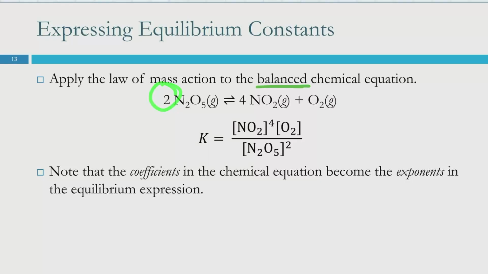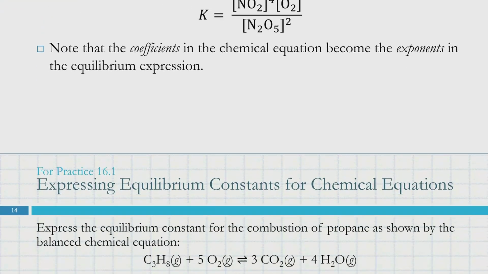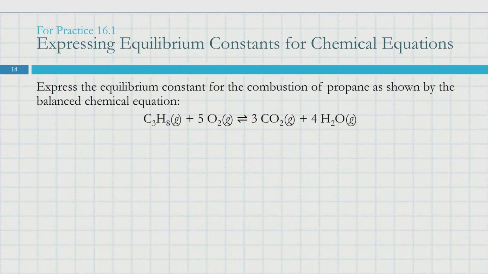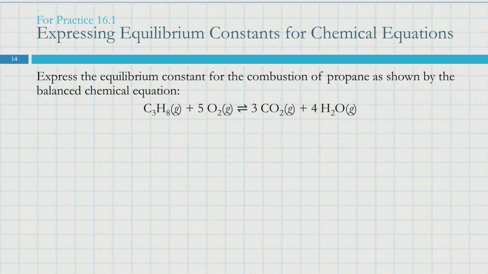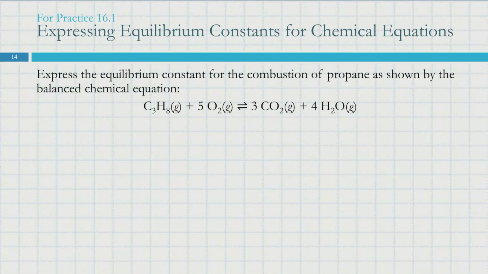If there's no coefficients, it's probably worth checking. All right, go ahead and write the equilibrium constant for the combustion of propane as given in the balanced chemical equation here. I'll give you a minute to work on that.